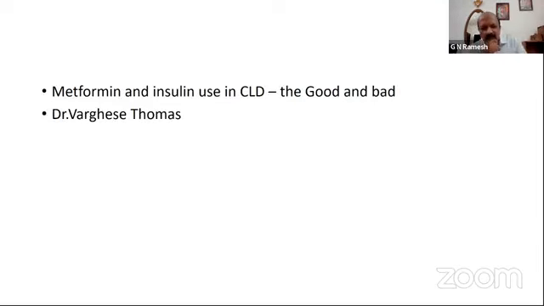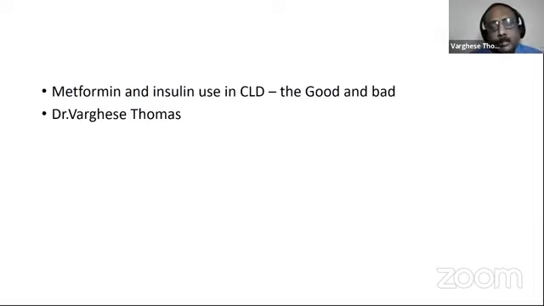Okay, I think we go on to the second question, and I think we did cover this. Varghese, do you have anything to add on metformin and insulin use in patients with chronic liver disease, the good and the bad, or maybe the ugly? Obviously, many of our patients with chronic liver disease who are on oral hypoglycemics, especially metformin or other molecules, get admitted with a GI bleed or sepsis or acute on chronic liver failure. What do you think would be the best practice for all of us?